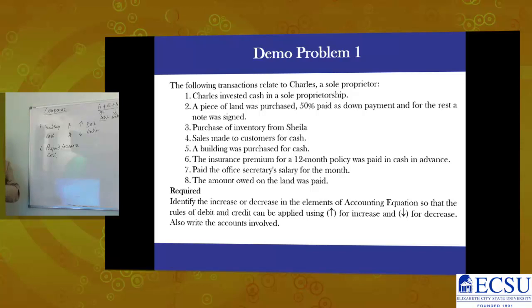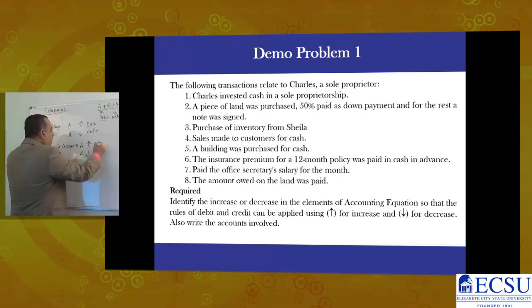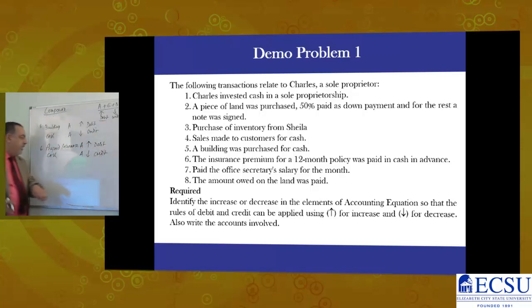Therefore, it is an asset because it's going to give you a benefit in the future. So I'm going to consider this as an asset. I didn't have any prepaid insurance, so it is increasing. Cash, of course, is an asset and it is decreasing. Apply the rule, increase is debit, and decrease in cash is a credit. So I'm going to credit that cash for number 6.